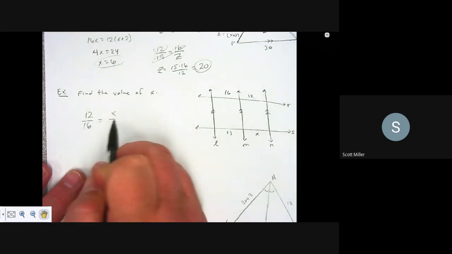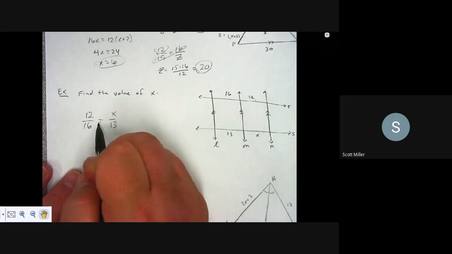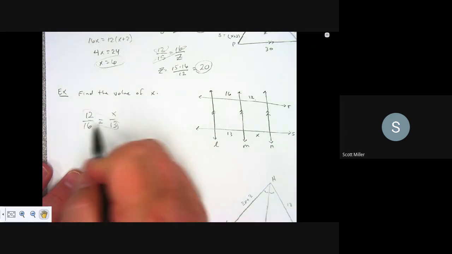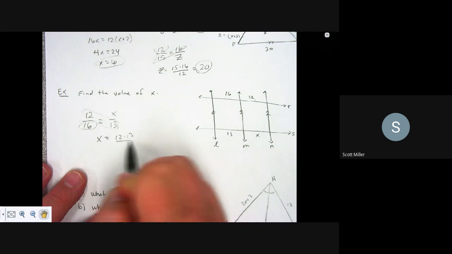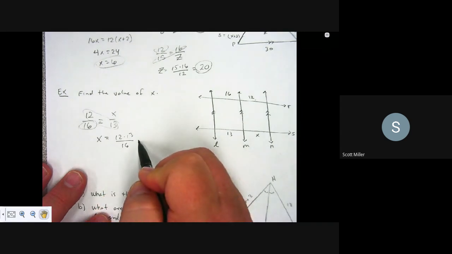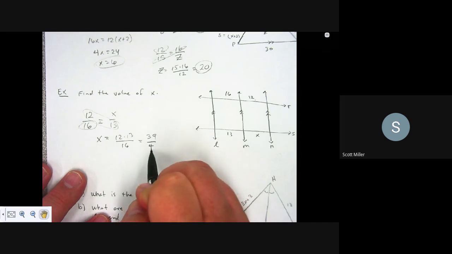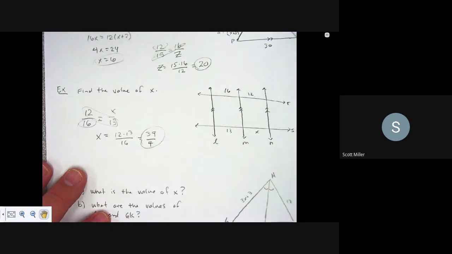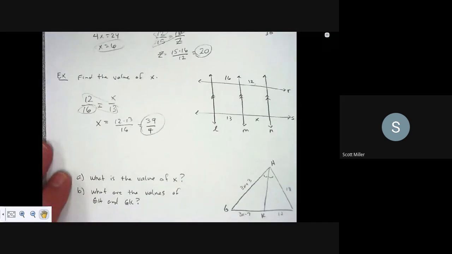So that is x over 13. And then you can cross multiply all this and get your answer. So we multiply this diagonal, divide by that third number. And so x is 12 times 13 divided by 16. And then you can reduce all this out, and you will get 39 over 4. And there you go. Please leave things in reduced fraction form, please.